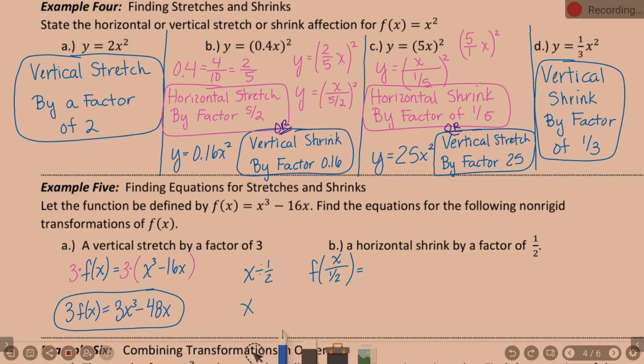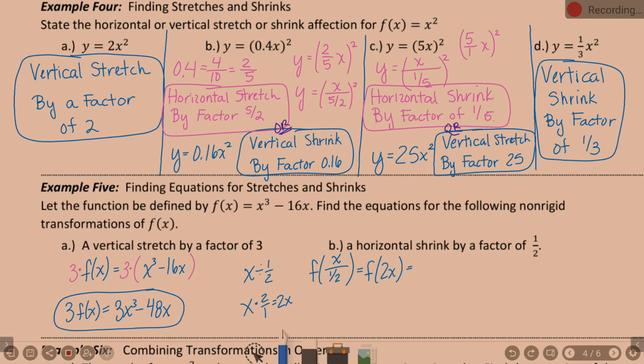It's the same as doing x times 2 over 1, which is multiplied by 2, which is 2x. So I'm going to suggest instead of replacing every x with an x over 1/2, that we instead replace every x with a 2x.